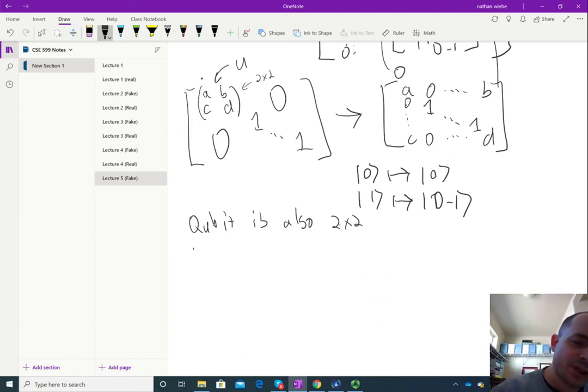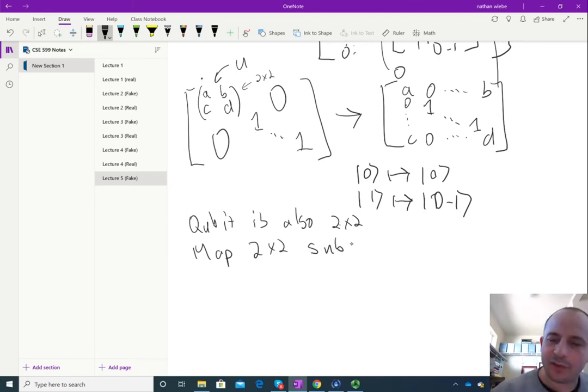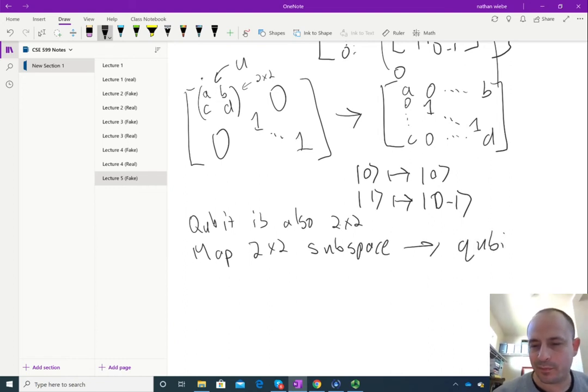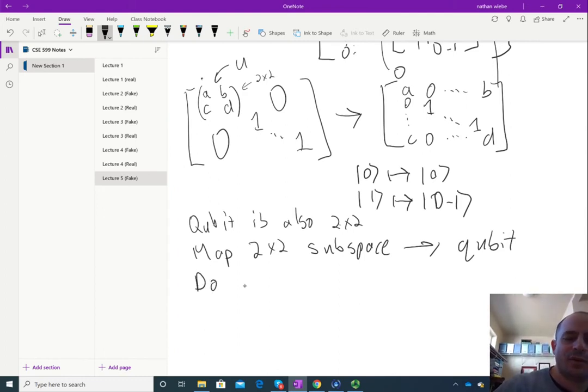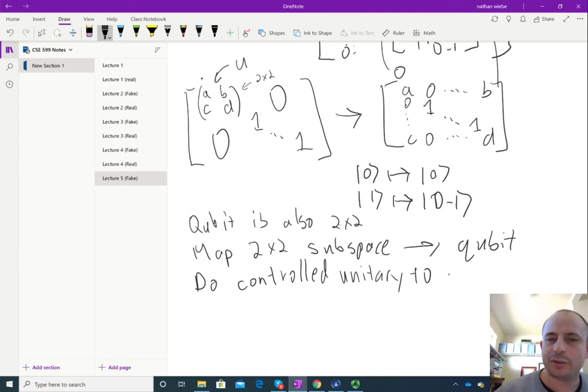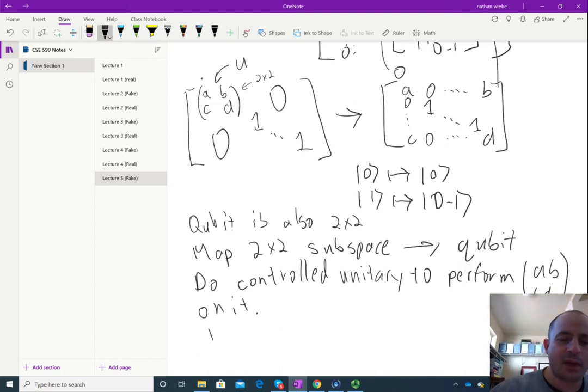So what we want to do is map the relevant 2x2 subspace to a qubit, then do a controlled unitary to perform ABCD on it, then map back.